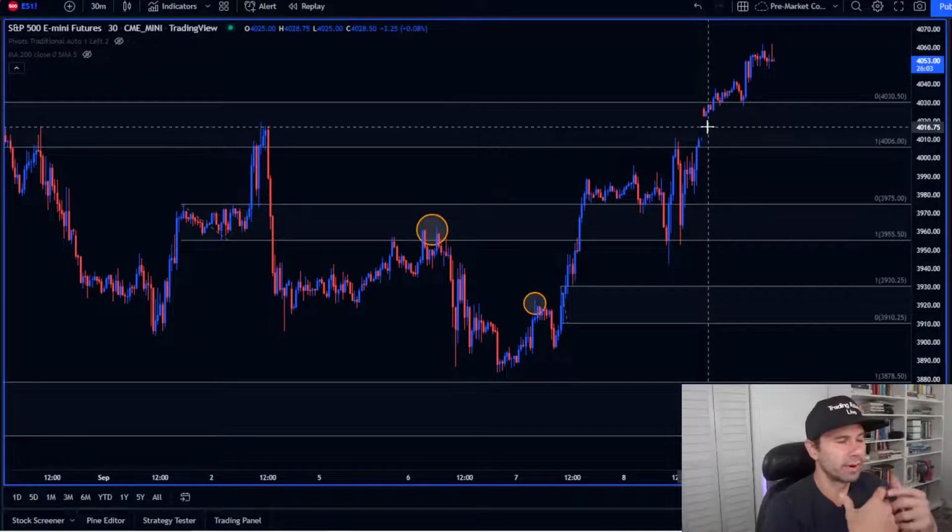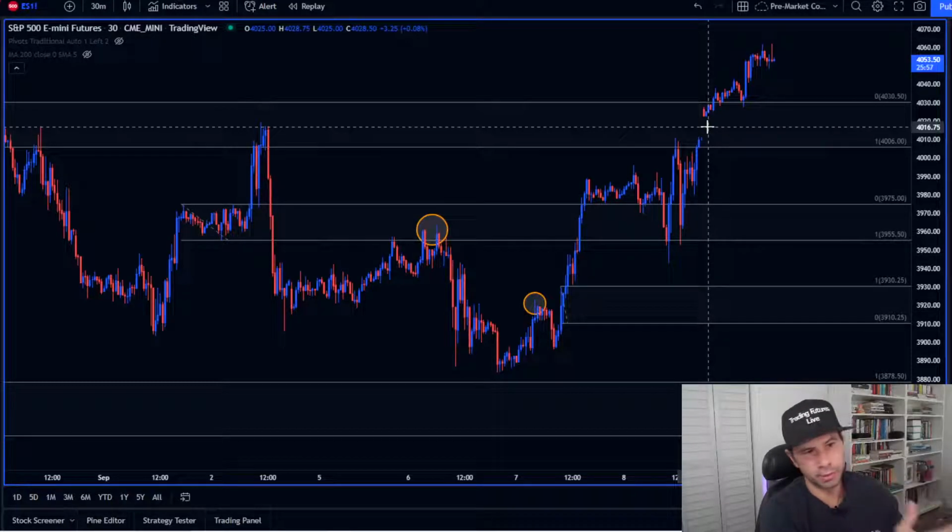So when the expiration period comes, a lot of platforms just put you automatically into the new contract, the one that is going to be traded next. In this case, we're in September, and it's going to expire in September, so the next contract is the December contract.